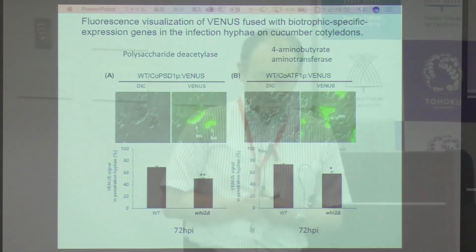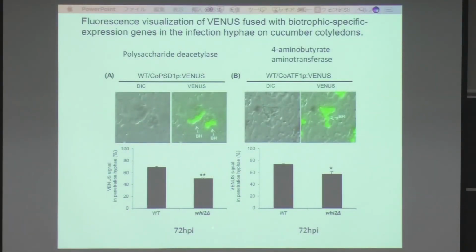So using this fluorescence, we were able to evaluate the biotrophic phase. And expectedly, the Venus signal in V2 mutant was significantly reduced in the PSD1 promoter and also the ATF1 promoter. So all these results indicate the establishment of biotrophy is under V2 control and the V2 function.